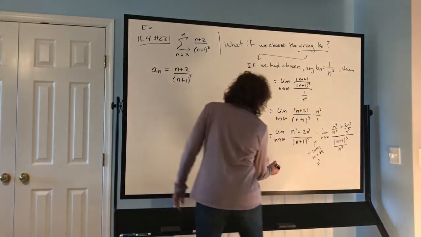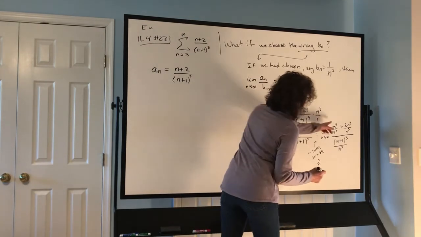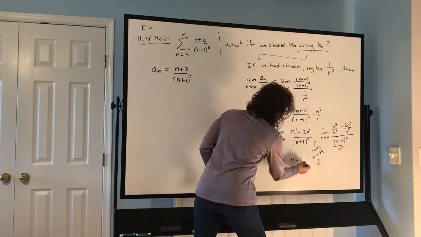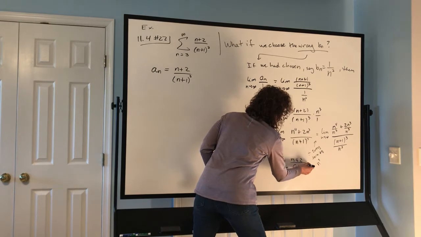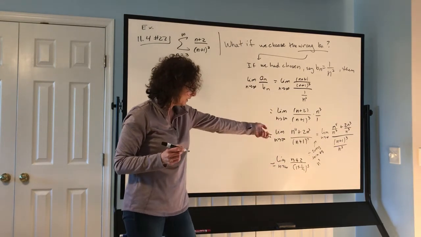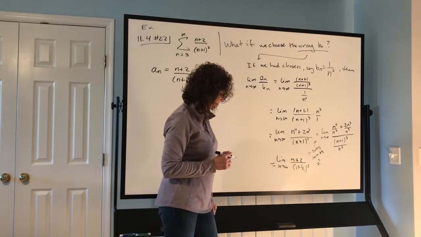What would we be left with then? A limit as n goes to infinity of n, plus 2, all divided by 1 plus 1 over n, quantity cubed.